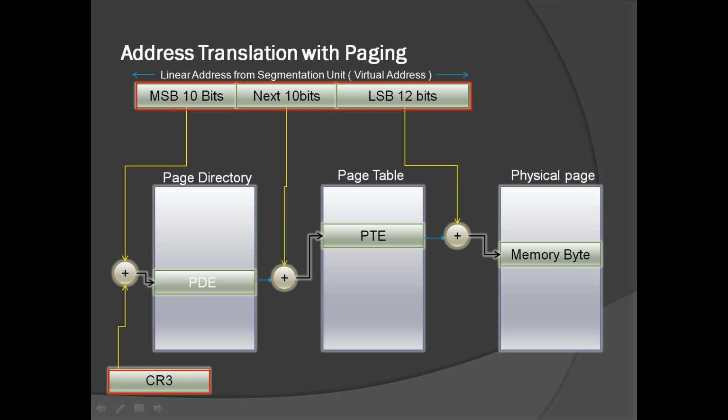Adding the first 10 bits of your virtual address and the current value of CR3, you will get something called the page table directory entry, which is inside the page table directory.